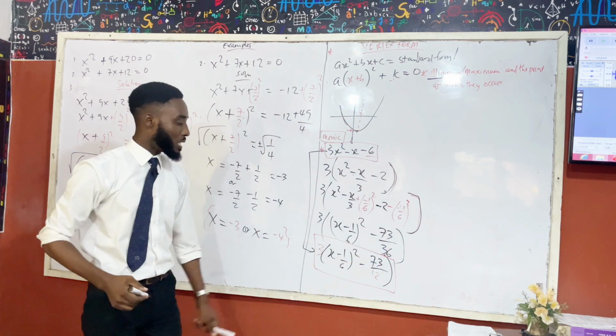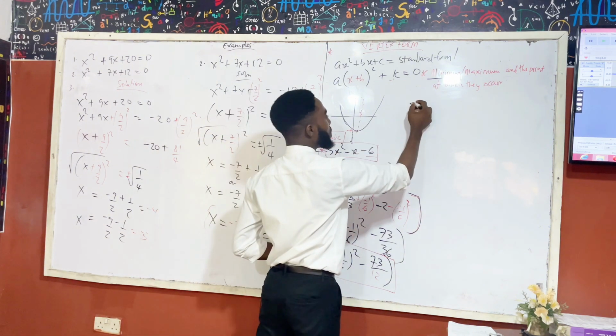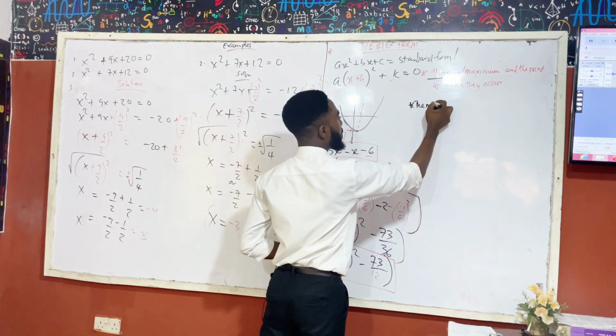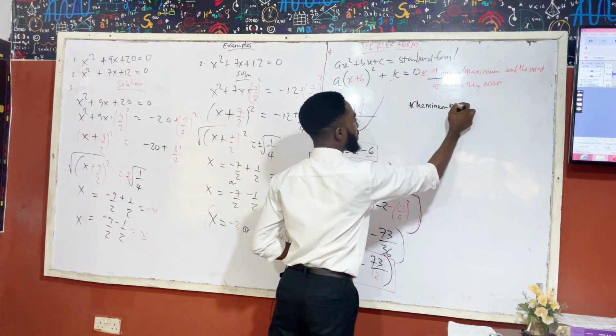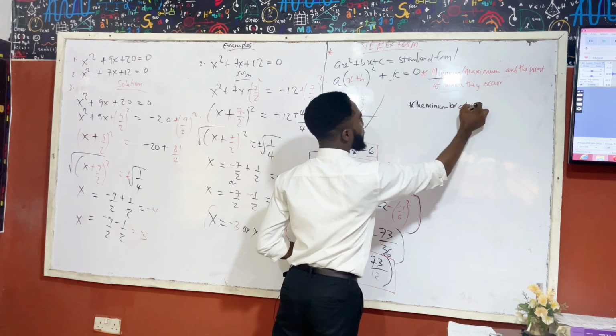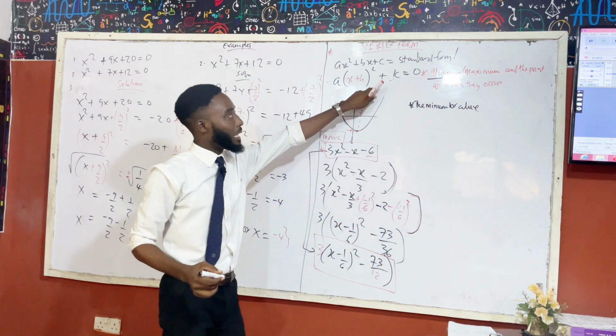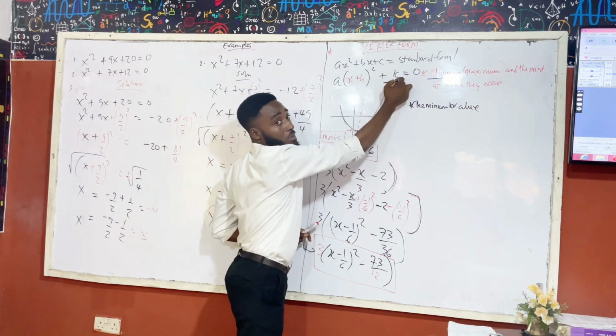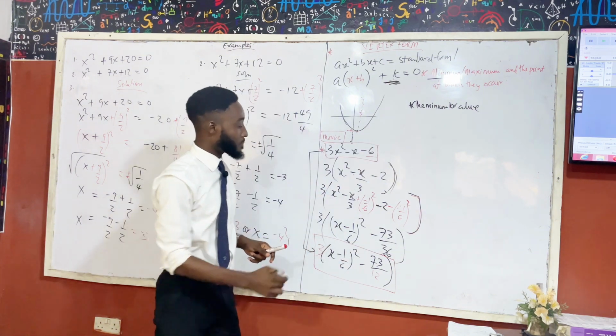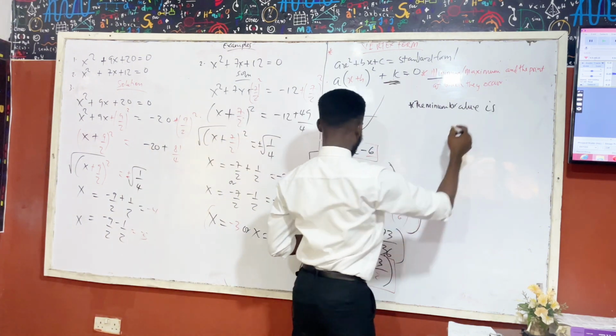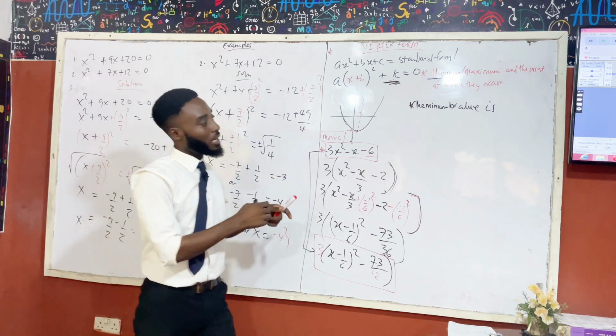So I'll therefore say that the minimum value, which is, like I said, this k term. The minimum value is... I think you should plot this on the graph. There's a graph up here.